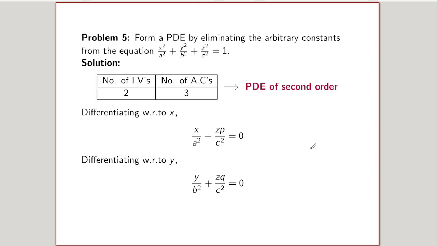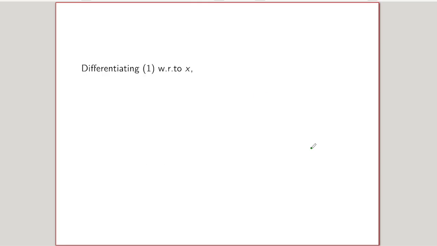So next we have to differentiate equation 1 with respect to x. Equation 1 is nothing but x by a squared plus zp divided by c squared is equal to 0. Now we are differentiating this one with respect to x. So we will be getting 1 by a squared plus, let us keep the constant 1 by c squared outside. Z is also dependent on x and p is also dependent on x.